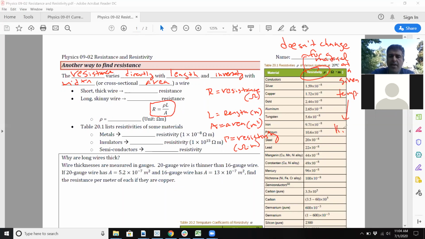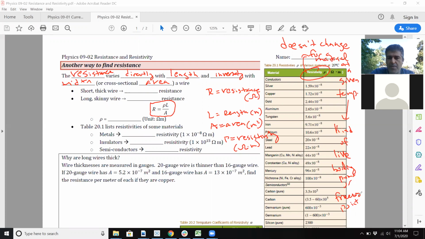It's kind of like boiling point or freezing point. For example, water boils at 100 degrees Celsius and freezes at 0 degrees Celsius, unless you start changing the air pressure, like if you move to higher elevations, then that could change. But resistivity is something that's very specific to the material.